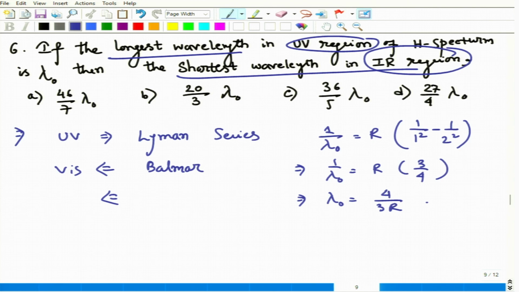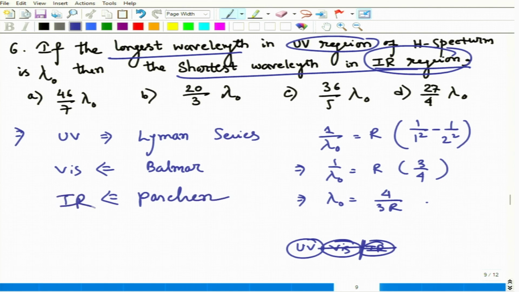The shortest wavelength of the IR region. Means you understand this is the UV region, then the visible region, and then the IR region. Shortest wavelength of the IR region means the highest transition should be there. So it's actually not Balmer, it should be Paschen, because it's the IR region.